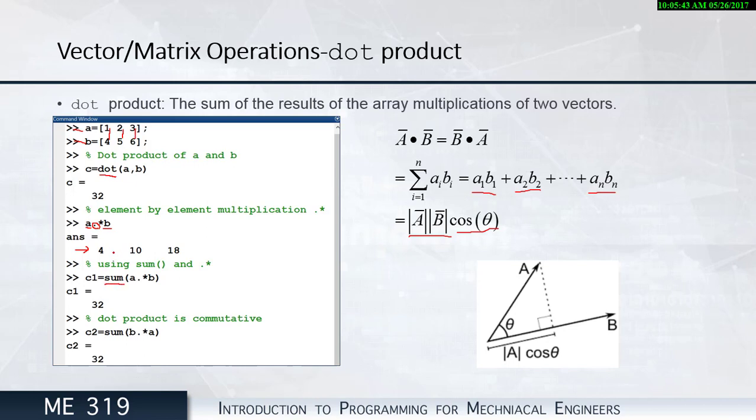Then using the sum command, you can add them up. Then your C1 variable becomes 32. But all of this can also be done using the simple command dot. It should be noted that the dot product is commutative, which means the same output will be obtained by switching the sequence, which means the dot product of A and B is the same as the dot product of B and A.